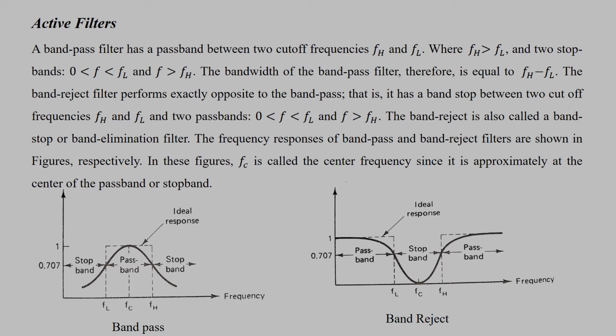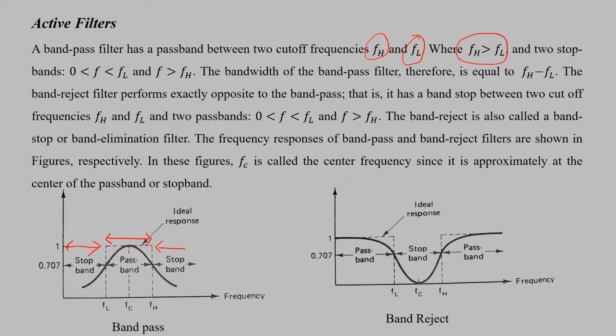Now the active band pass filter has a pass band between two frequencies FH and FL, where FH should be greater than FL. So we have two stop bands from 0 to FL and above FH, and the pass band is from FL to FH.